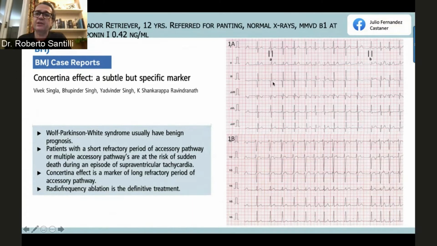The Concertina effect is a good sign, because it means that the antegrade effective refractory period of the accessory pathway is very long. And since it's long, it's very rare that an antegrade atrial fibrillation can be conducted to the ventricle, inducing ventricular fibrillation. So when you see the Concertina effect, it's a good clinical sign from a prognostic point of view.